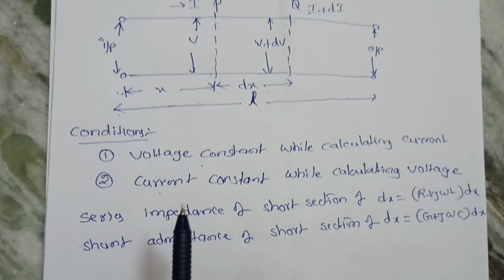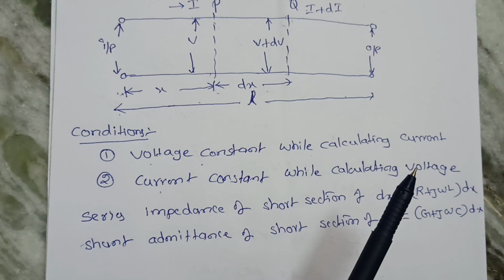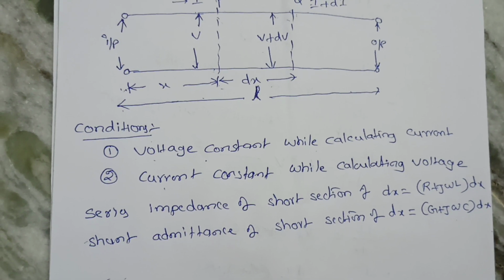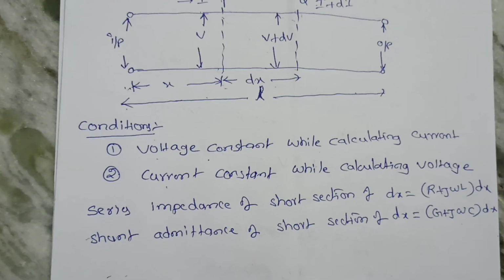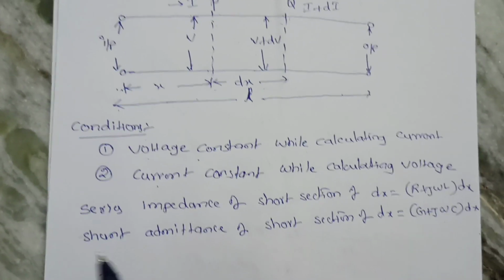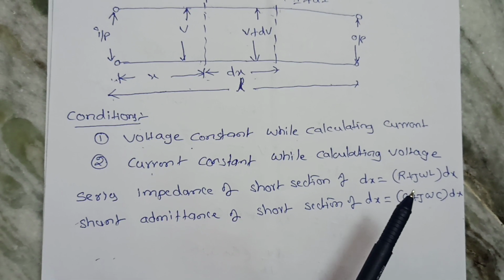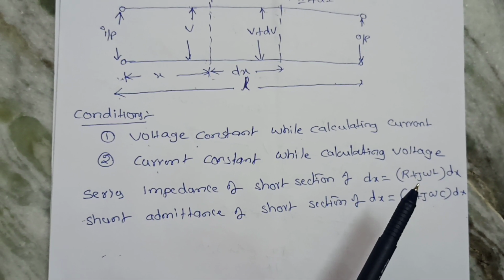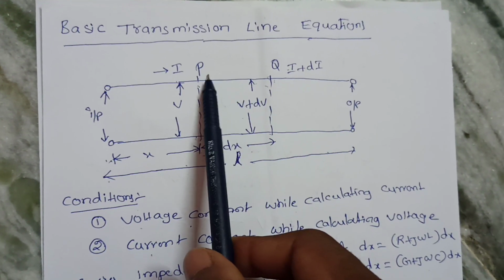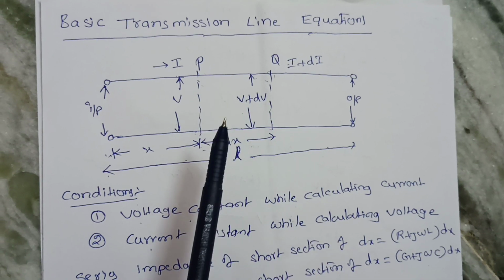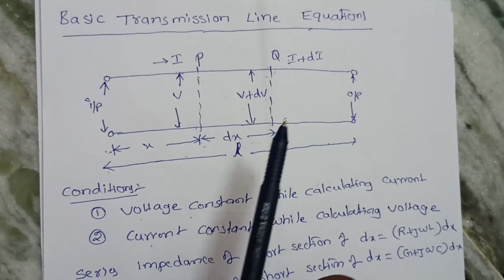Here the series impedance of the short section dx is R plus j omega L times dx, and the shunt admittance of the short section dx is G plus j omega C times dx. Then we have to find the voltage and current equations for this short section dx.